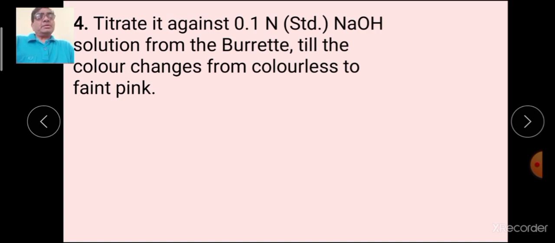The color of the phenolphthalein is colorless in acid, while in alkali it changes to pink. Now what happens when the alkali is added to the acid solution? First, all acid is neutralized by the alkali, and after neutralization the addition of alkali changes the color of the indicator to pink.